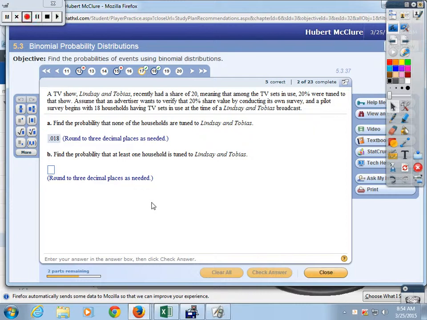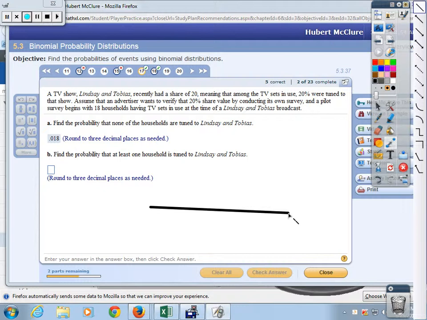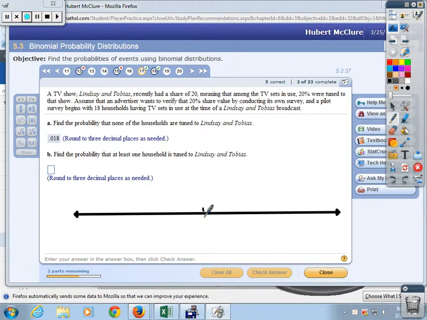If you don't know what the definition is, draw a number line. Dang old number line. That's what I want to draw. Hold on. There we go. Dang old elementary school. I suck at drawing with a mouse.